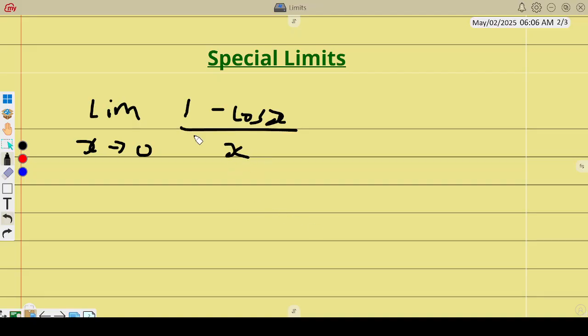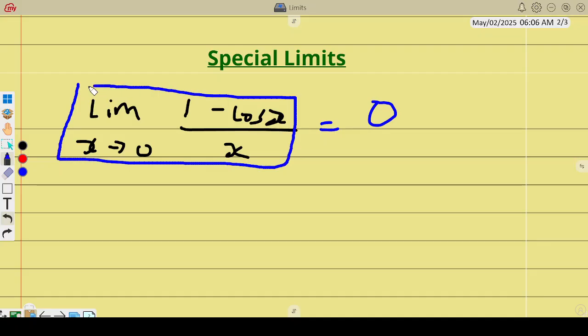This will be 0. So wherever you see the whole lot of this, just write that it's equal to 0.